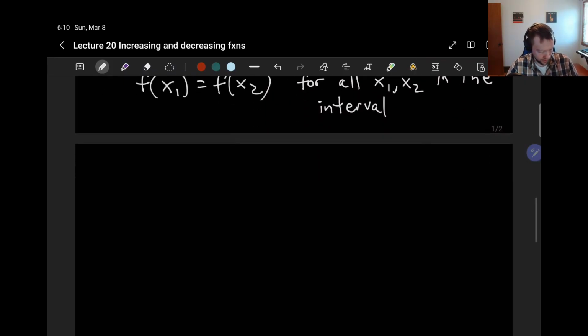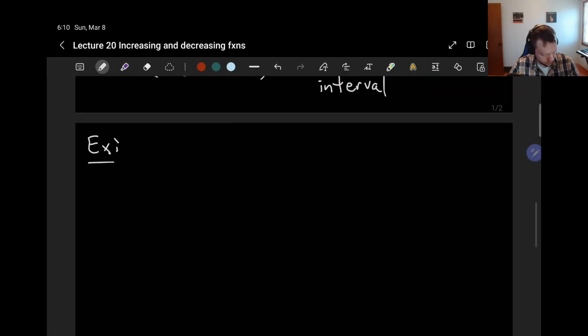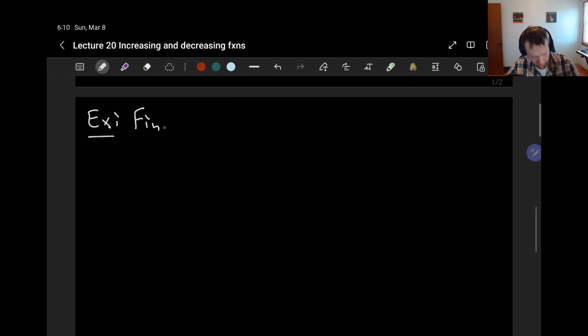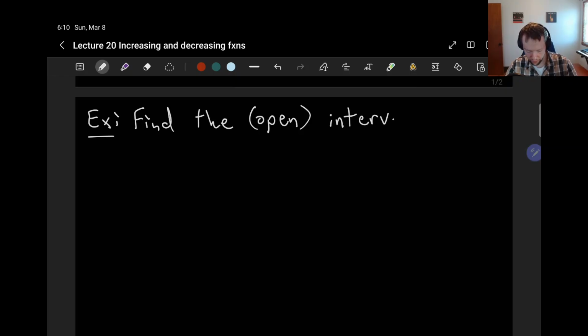So let's look at a more specific graph. We want to find the, and I'm going to put in parentheses, open intervals, because for ease, we're just always going to assume these are open. It gets kind of weird if you try to throw in endpoints, and people don't always agree with how that works out.